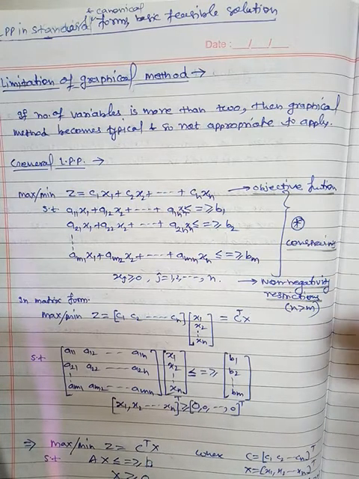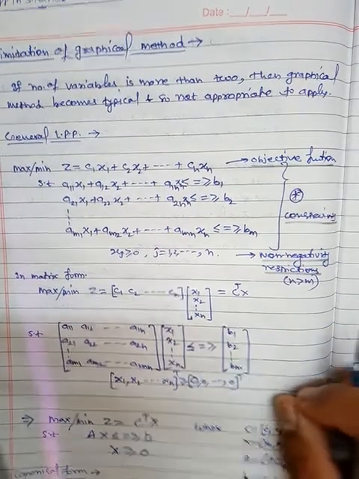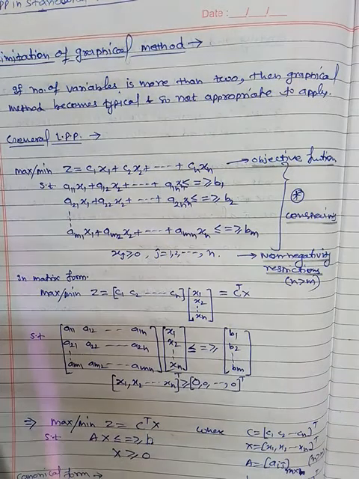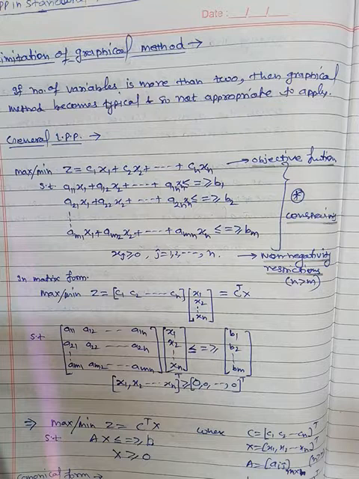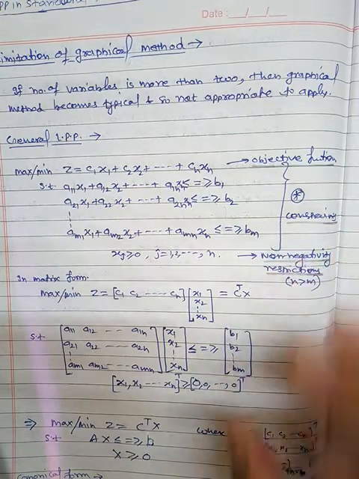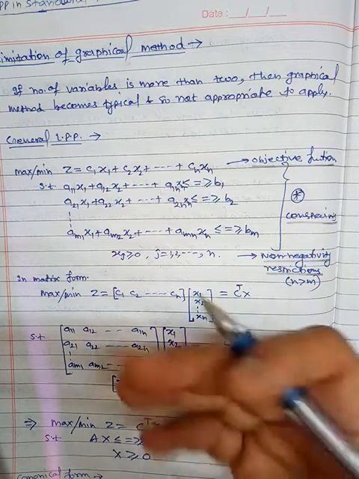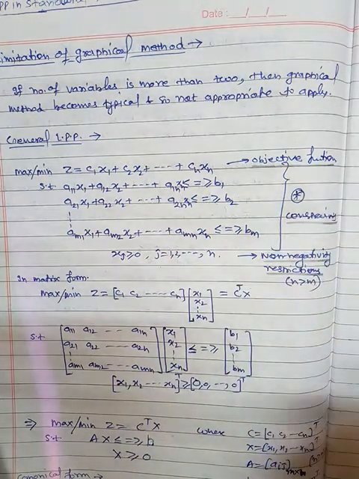Hence there is a need for another general method. For that, we have the simplex method, which is the backbone of further improvements and other variants of the methods. The simplex method is the core method based on which we have other methods.